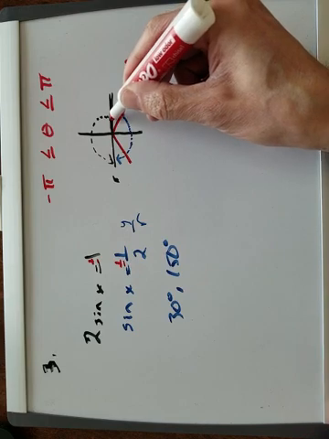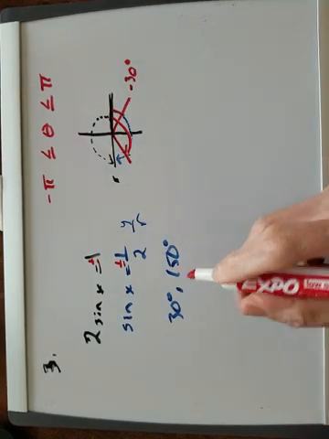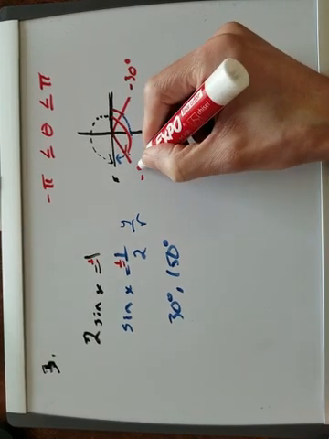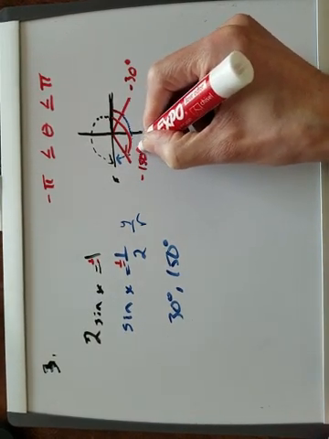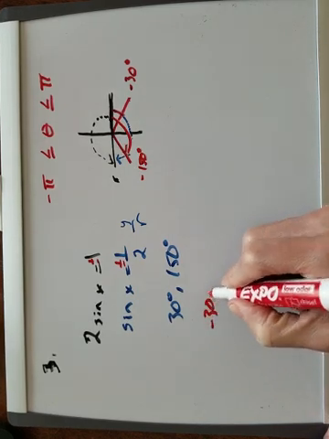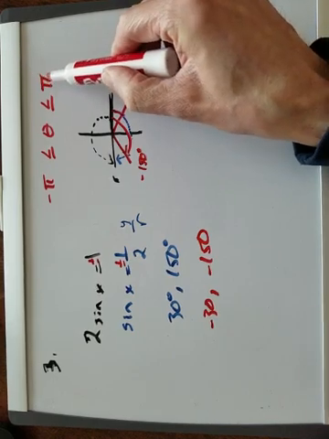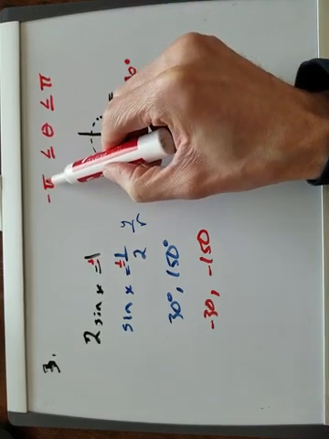What would this be right here? That would be negative 150 degrees. So those would be two more answers if this was actually the way the question went, and we are still in the bounds. We're still less than positive 180. We're still greater than negative 180.